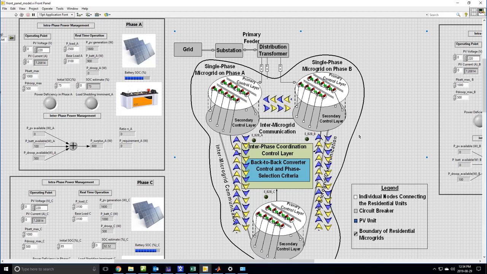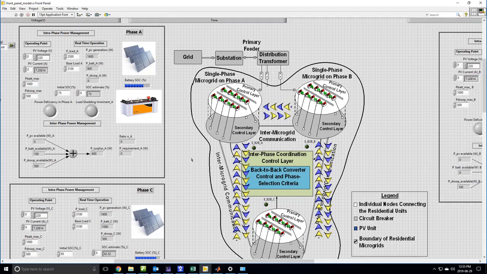The power transfer between each of these phases are represented by the arrows over here, which is up and down, and also left-right. Also, if the back-to-back converters are enabled, they are represented by the Boolean representation of the enabled signals given by these digital lights.